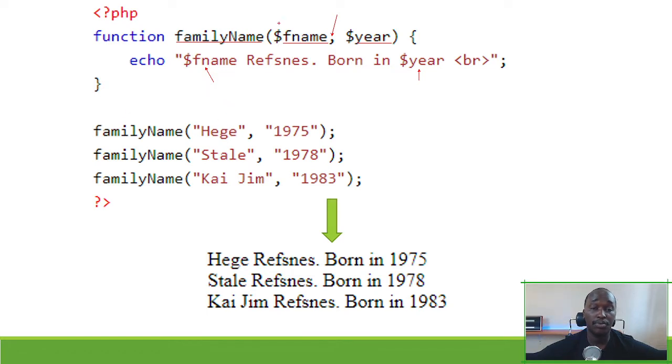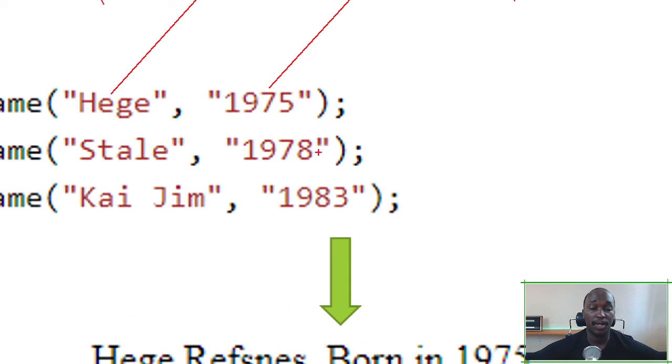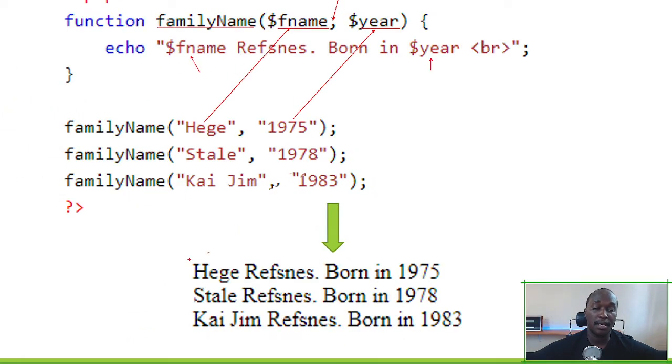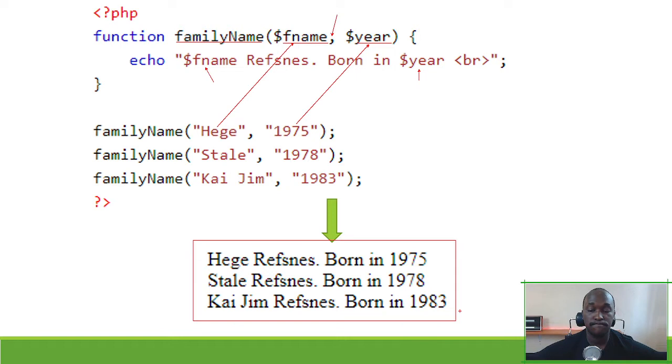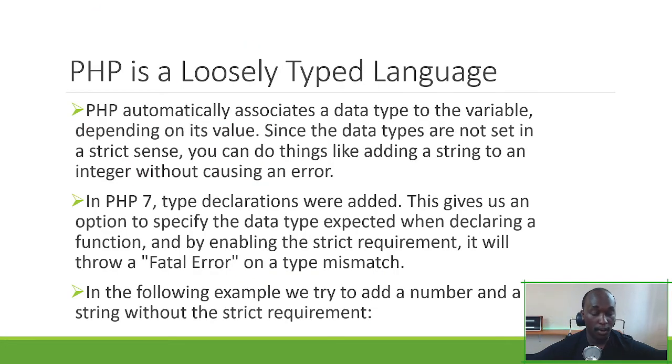So when you declare two arguments, then you have to pass two. You can see when we call, we pass two like that. And when you run this code, this will be the output. I hope it makes sense.